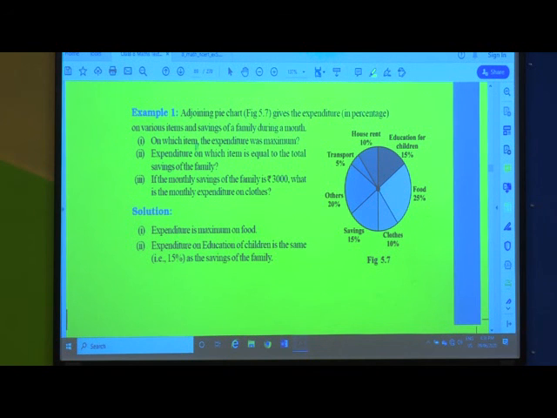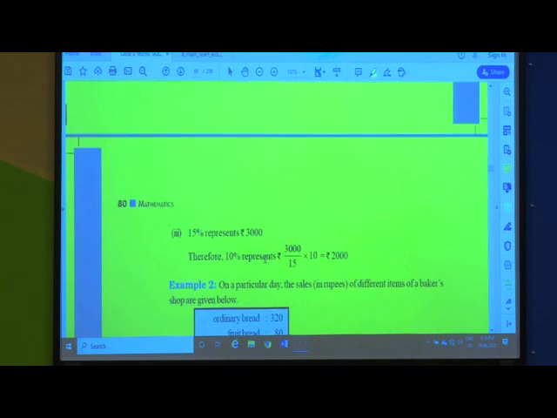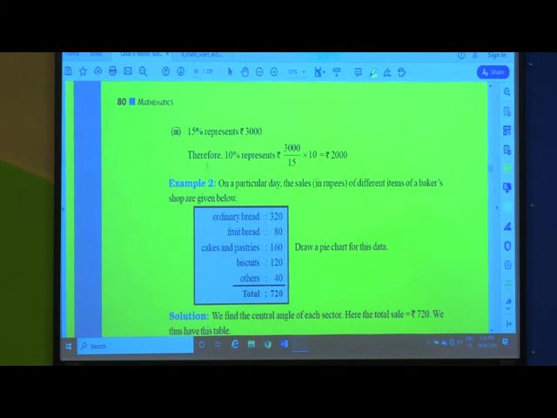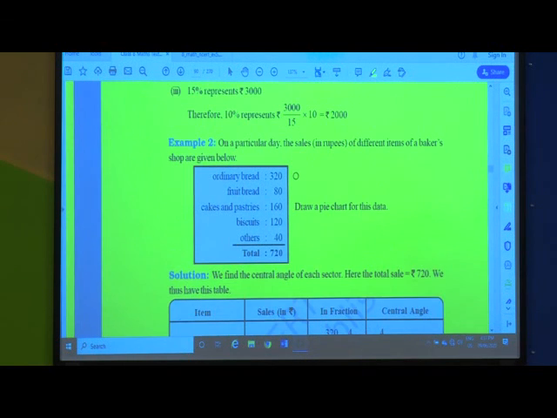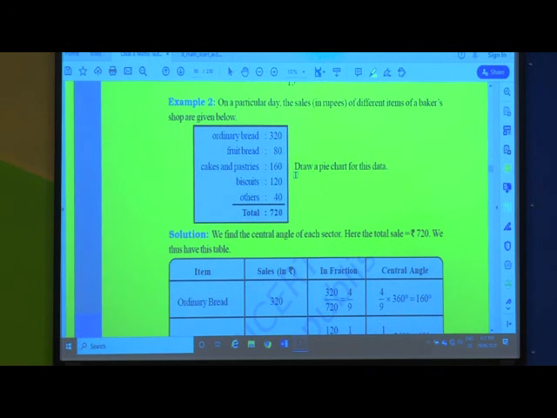You have seen the questions as well as the solution. And lastly, this calculation: 15% represents rupees 3000. Therefore, 10% represents rupees 3000 upon 15 multiplied by 10. It is rupees 2000. Let us go for example 2.